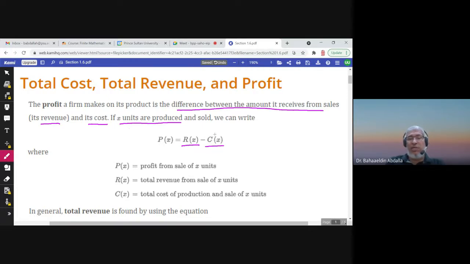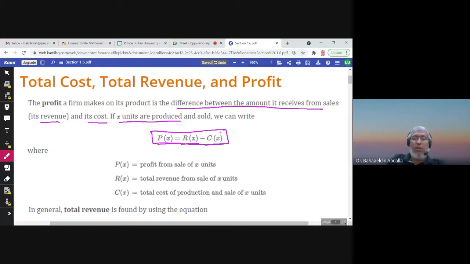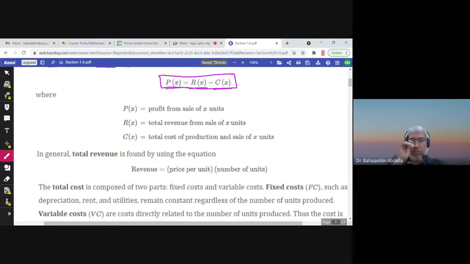Increasing X, increasing the cost. The profit would be the difference between the revenue and the cost. R(x) is the total revenue. C(x) is the total cost of production.